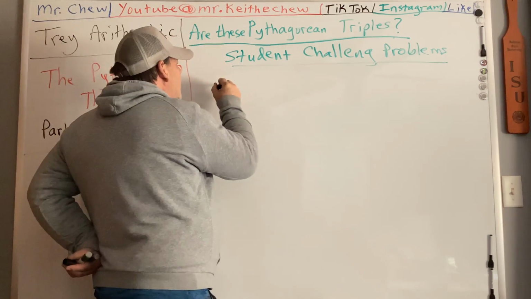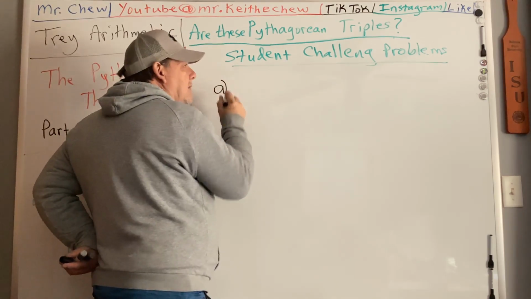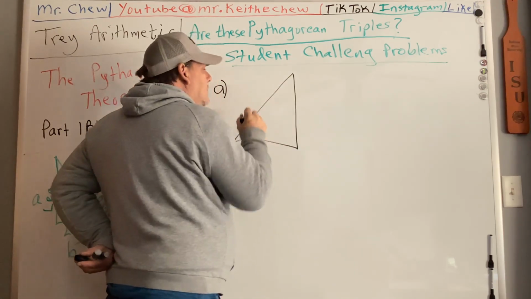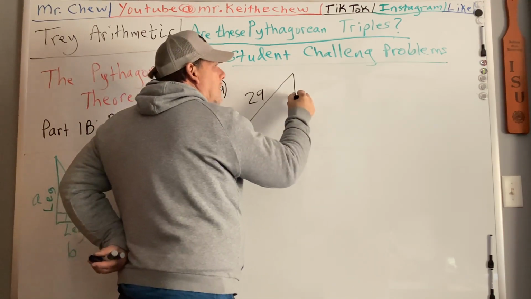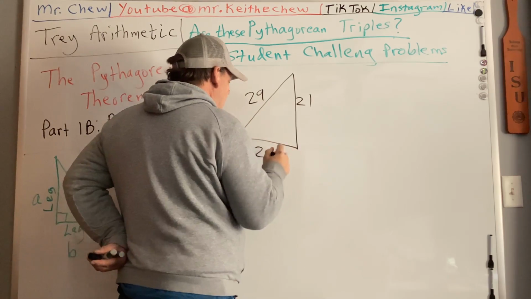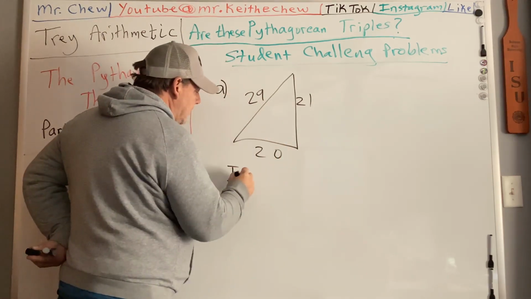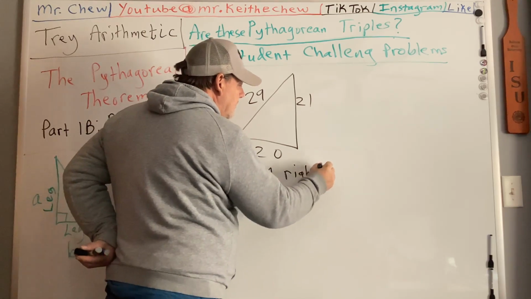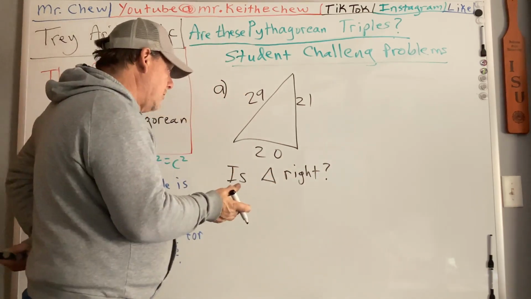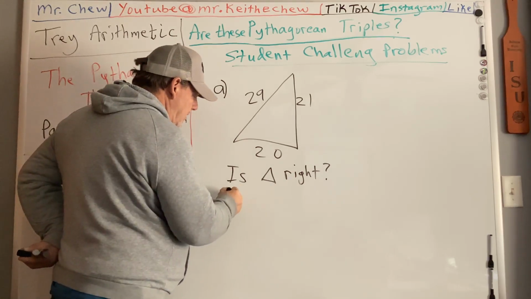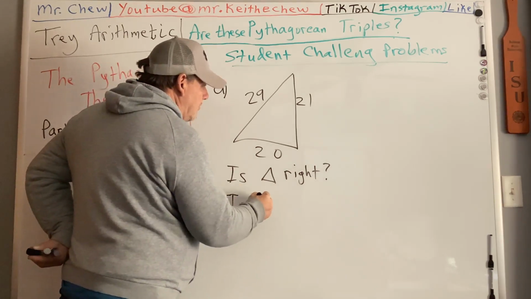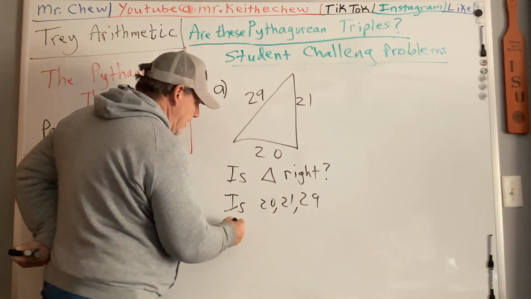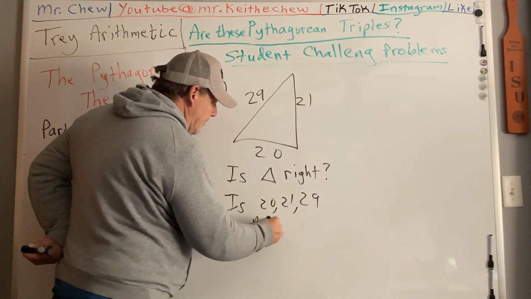So here is problem A. Is the triangle right? And then make sure you show all your work. And then is 20, 21, 29 a Pythagorean triple?